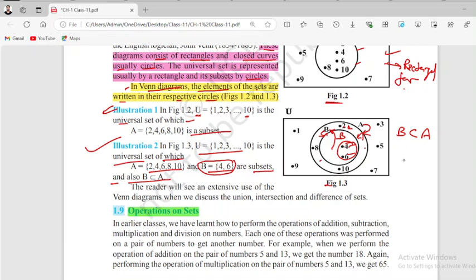We cannot represent 4 here, because 4 and 6 are common in set A and set B, so we represent them in set B. So B is a subset of A and A is a subset of the universal set, so B is also a subset of the universal set. Basically this is a representation of a Venn diagram.